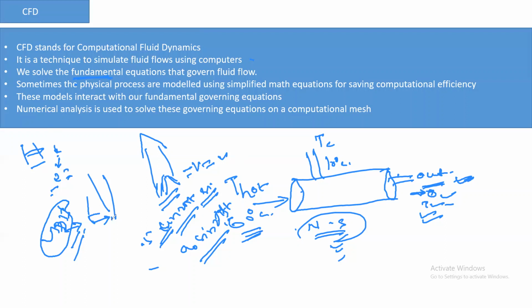What are the fundamental equations? Those three: continuity equation, momentum equation, and energy equation. Historically, only the momentum equation was called the Navier-Stokes equation. But nowadays, CFD engineers and scientists count the continuity equation and energy equation along with the momentum equation as the Navier-Stokes equation.